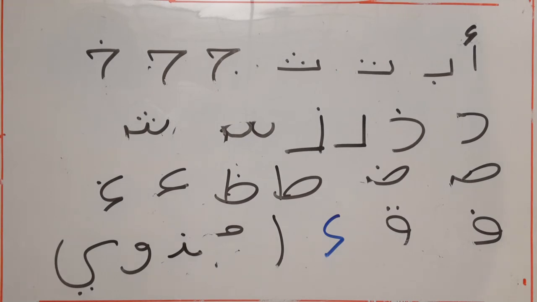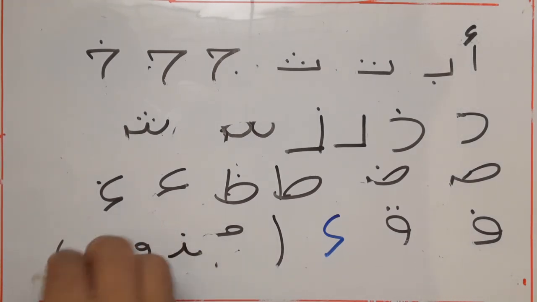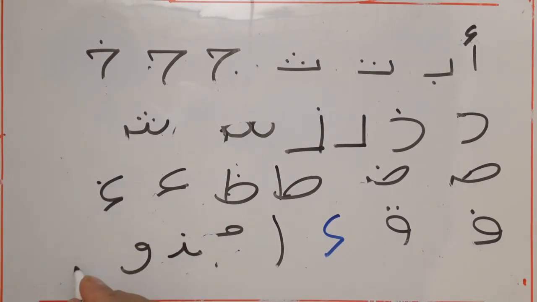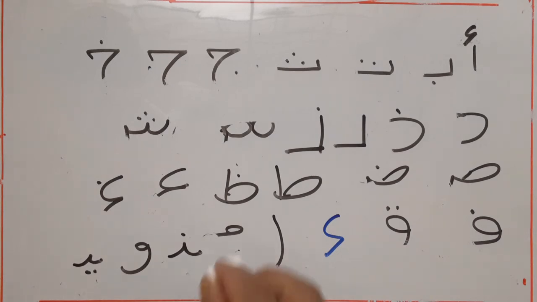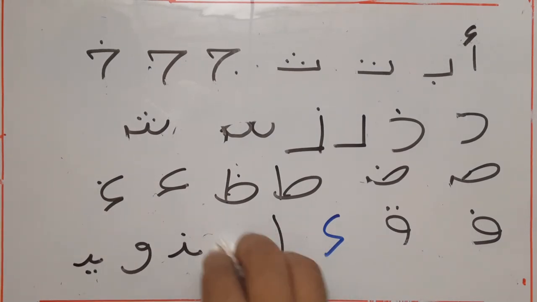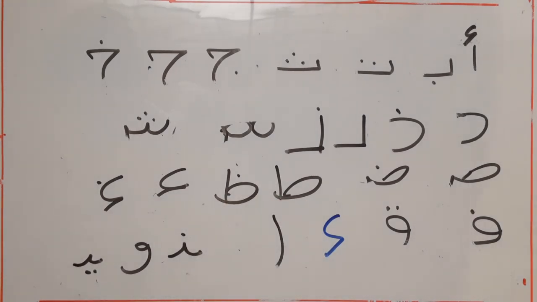Waw stays the same, and ya, similar to a noon, will become something like that. Okay, two dots in there. Okay, that's turned into small letters now. For the mim there, the loop is normally on the bottom rather than at the top. Okay.